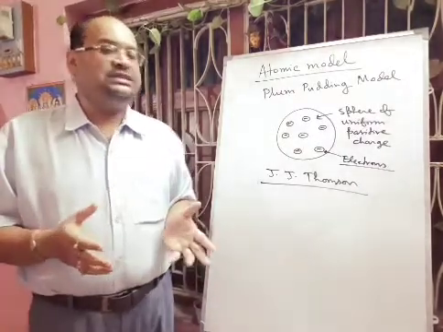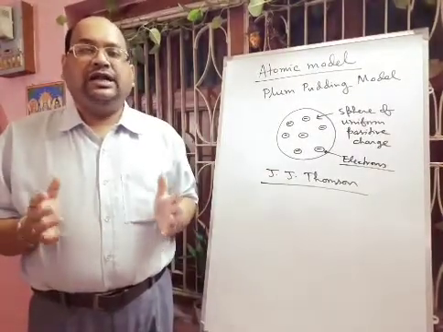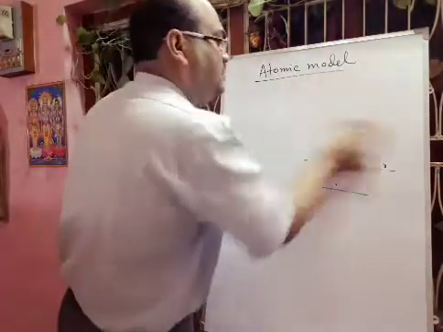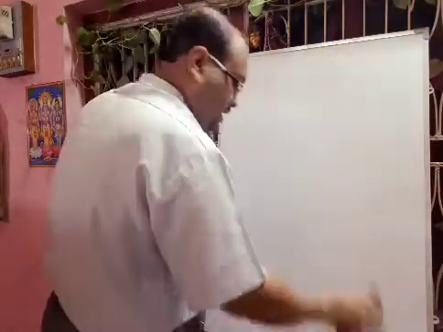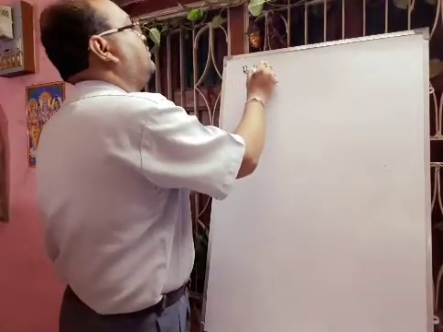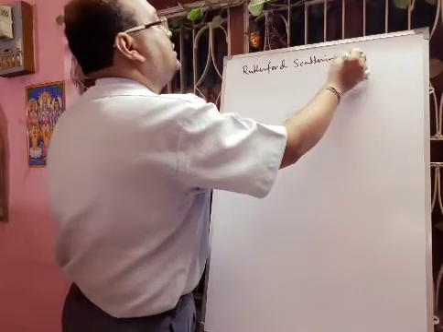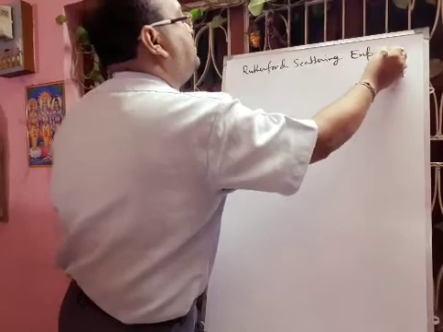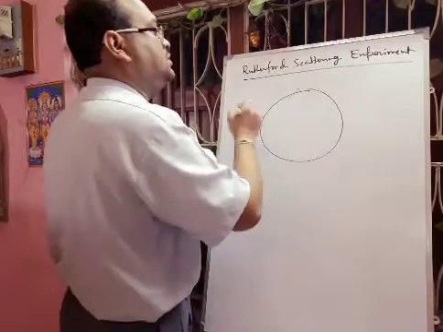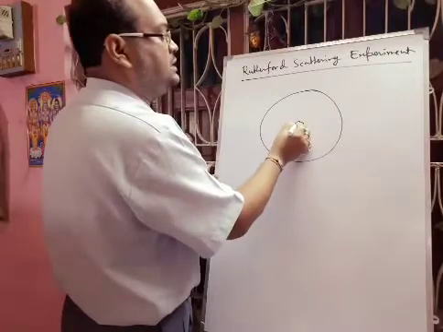Our first observation was that 99.9% of the particles passed undeflected through the gold foil. If we draw the structure, then you can easily understand. The Rutherford scattering experiment. So this is the atom, and here the nucleus is there.